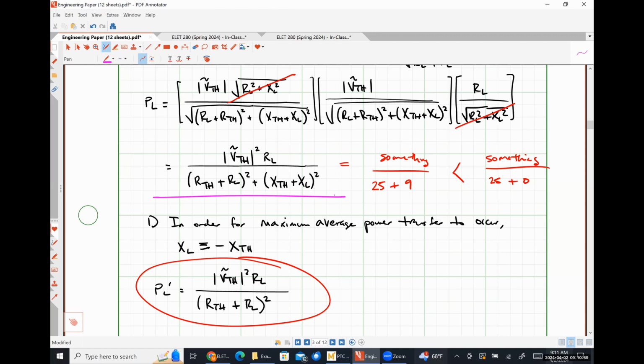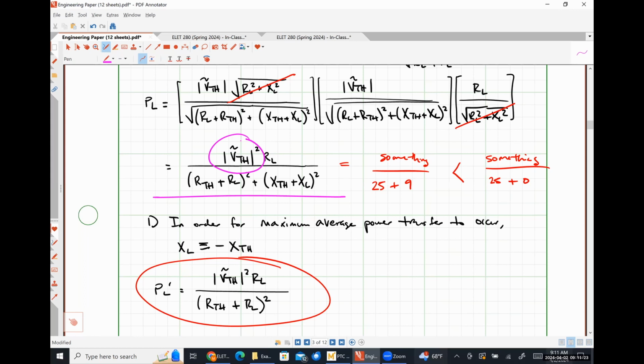So for all of the impedance stuff, like calculating ZTH, it will not matter at all. However, for our power relationship, it will. And the reason it will is because right here, we have the magnitude of our RMS phasor Thevenin voltage squared.